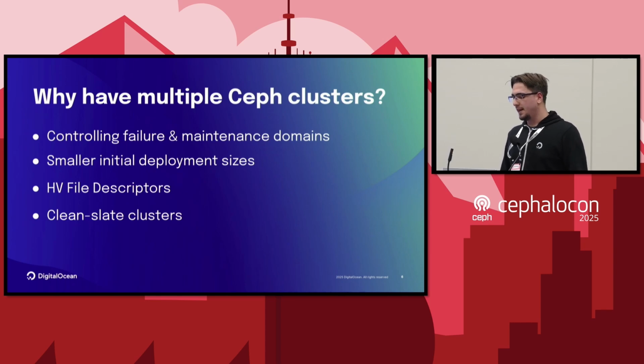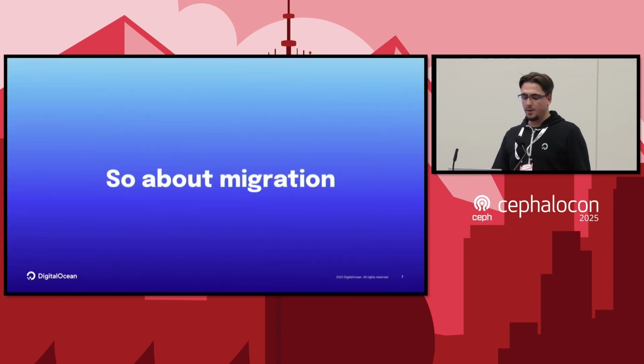And so you're picking up that configuration and carrying it through many Ceph versions, many generations of hardware and configuration. But when you have multiple clusters, you have the opportunity to start new ones. Eventually, the old ones get decommissioned, and so you start fresh. So now you see that we really needed the ability to move RBD images between our clusters in order to make this whole thing work.